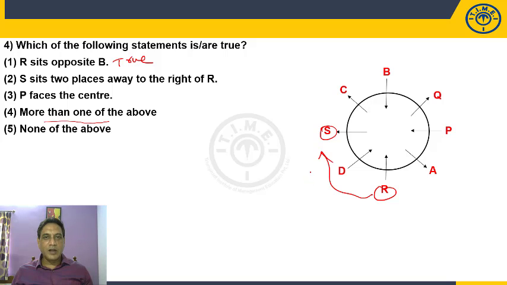But is it right or left? R is facing the center. When R is facing the center, this is clockwise direction. Clockwise direction becomes left. So this statement is false. P faces the center. Yes, this is also true. So it should be more than one of the above.